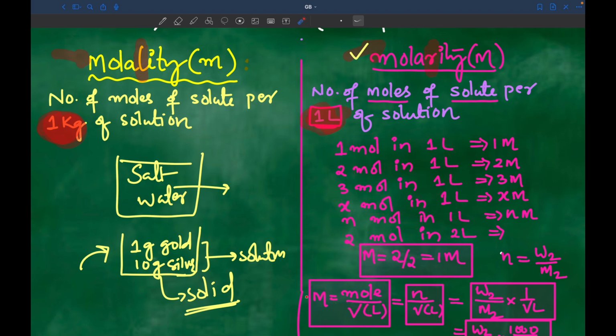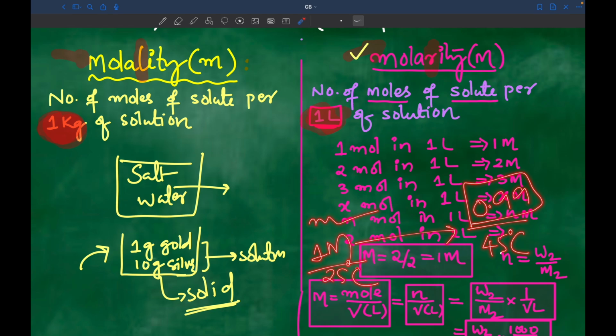Let us say in the morning you prepared a 1 molar solution at 25 degrees Celsius, but by the afternoon the temperature rose to 45 degrees Celsius. Then your molarity will go to about 0.99. So the volume has increased, and the molarity changes with temperature.